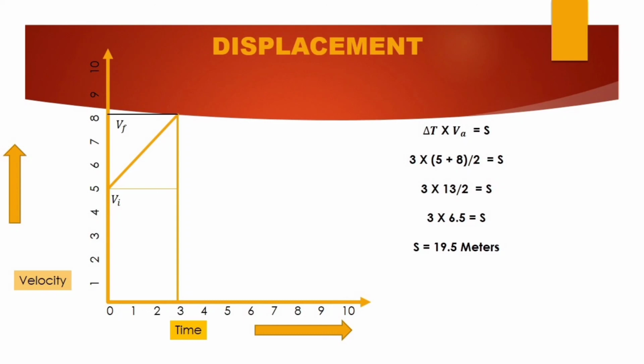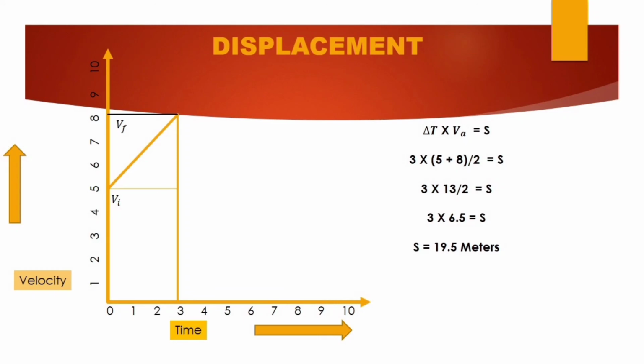Average velocity is initial velocity, that is 5 meters per second, plus final velocity, that is 8 meters per second, divided by 2. So, average velocity is 5 plus 8 divided by 2. So, average velocity is 13 divided by 2. So, it is 6.5.